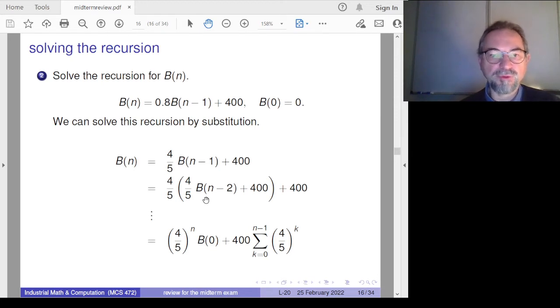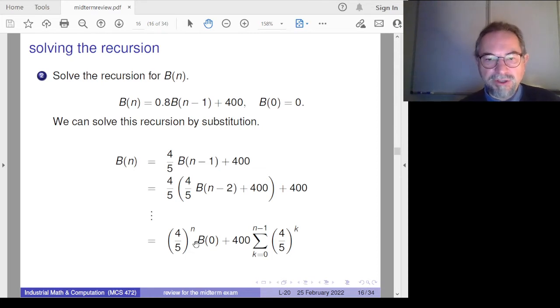At n equals 2, we are at the base case, and then we have the n, if we collect the terms, we have 4/5 to the power 2. So we can get at the base case if the n, we have to do this n times. So starting at n equals 2 gives the power 2.